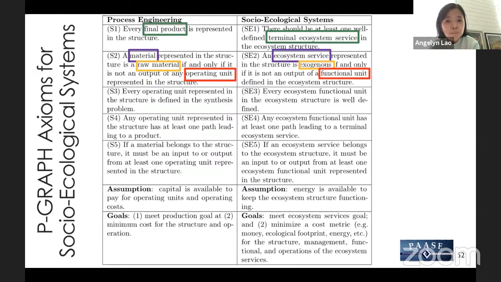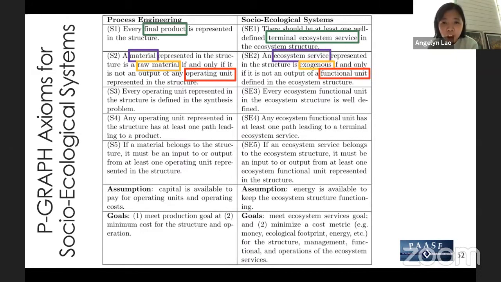Let's briefly go through the 5 axioms. In order for a PGRAPH of a social ecological system to be valid, it has to satisfy all of these 5 axioms. The first is that there should be at least one well-defined terminal ecosystem service in the ecosystem structure. The second, an ecosystem service represented in the structure is exogenous if and only if it is not an output of a functional unit defined in the ecosystem structure.